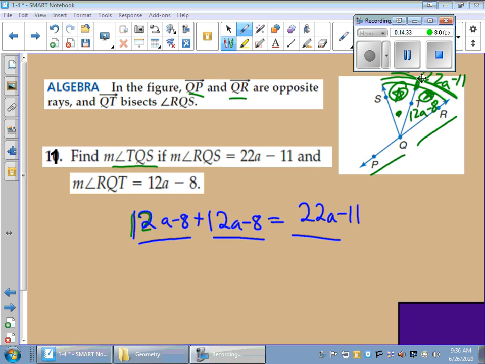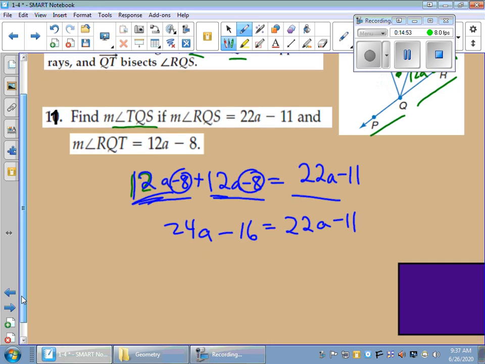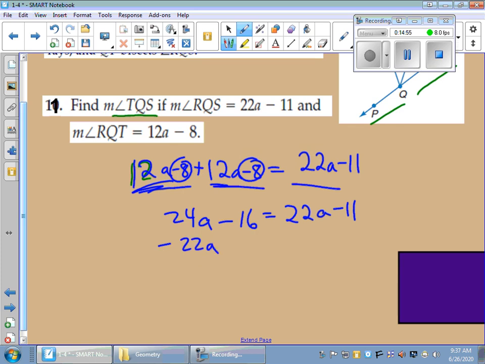So now we simplify and we have an algebra equation. 12A and 12A is 24A, minus 8 minus 8 is minus 16, equals 22A minus 11. Now we're just solving algebra. Subtract 22A from both sides, so we have 2A minus 16 equals negative 11.